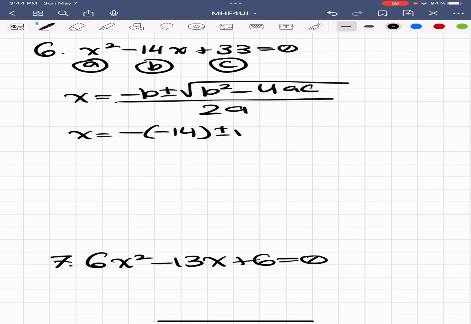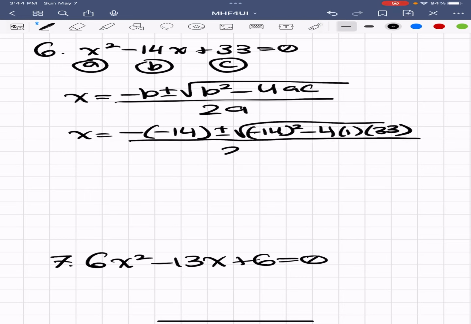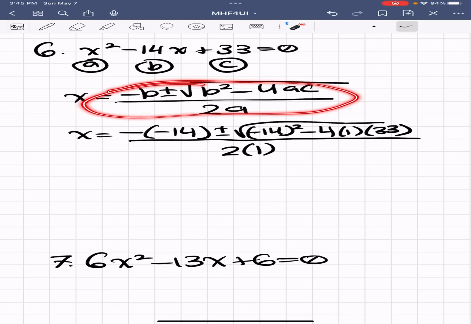plus or minus negative 14 squared minus 4. a is 1 and c is 33. All over 2a, and a is 1. As you can see here, I calculated these substitutions into the quadratic formula here.